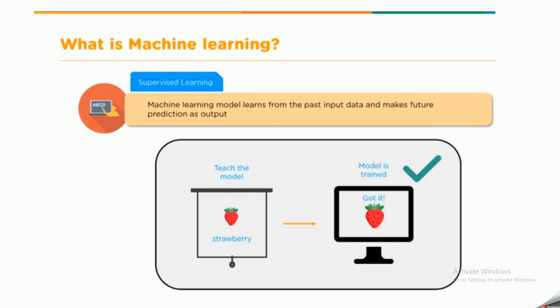For example, you have a strawberry and you teach the model that it is a strawberry. And when you give it unknown data, the model is able to correctly identify whether it is a strawberry or not. This is a simple example of supervised learning.